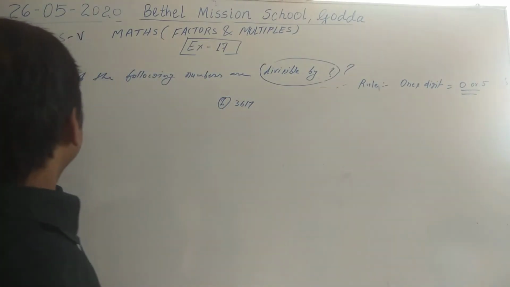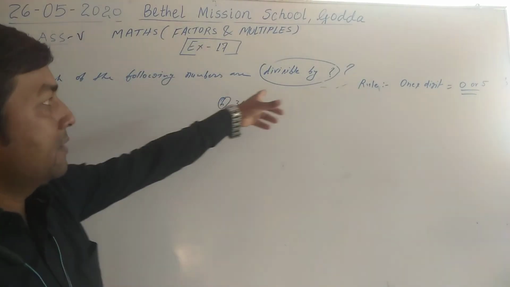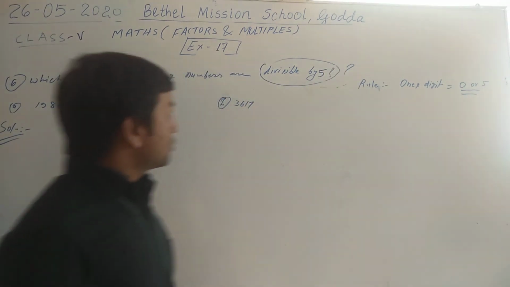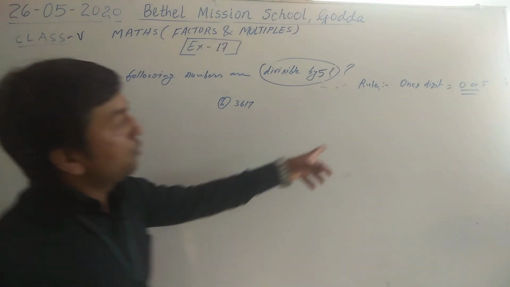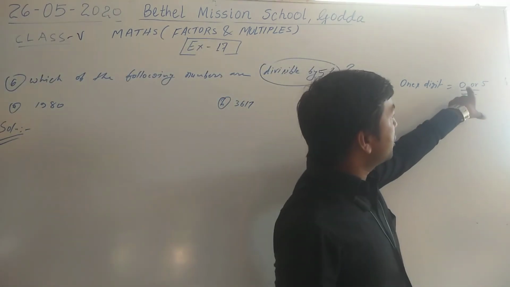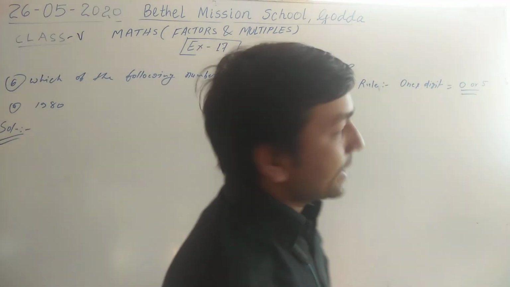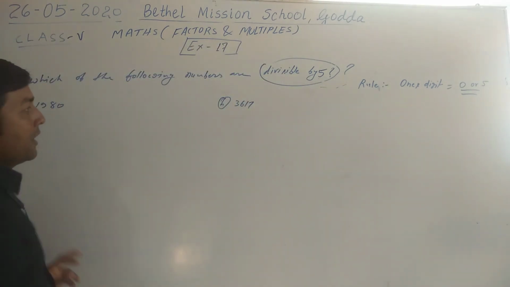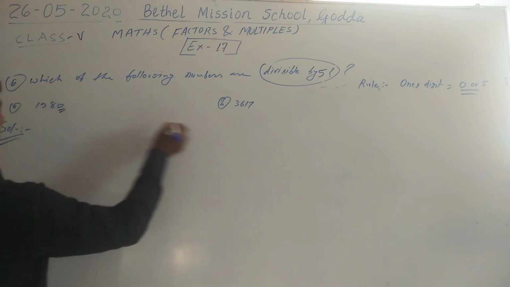Now we solve the sixth question. Which of the following numbers are divisible by 5? By 5 the rule says that if the ones digit is 0 or 5, then the given number will be divisible by 5. We only have to check the ones digit.